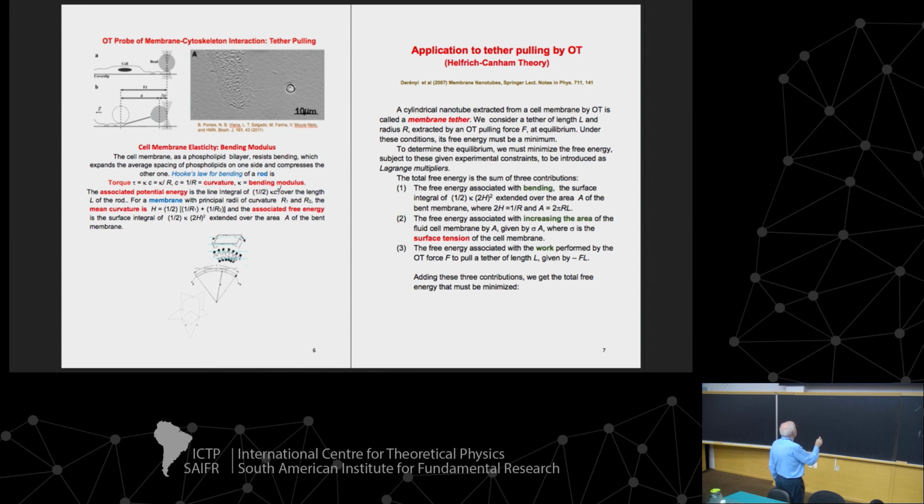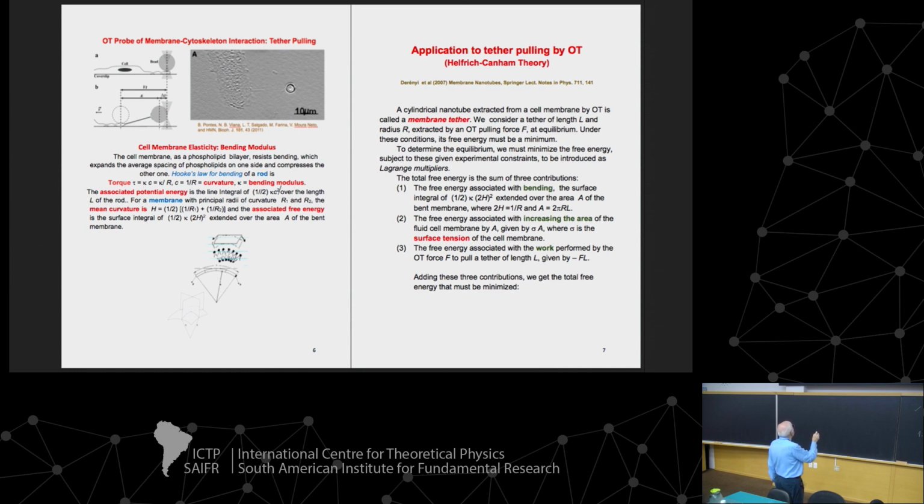You apply forces on both sides, and you can bend it. And it becomes curved, and you measure the curvature, which is here defined by the constant C. The generalization of Hooke's law is that the torque is the bending modulus multiplied by the curvature.